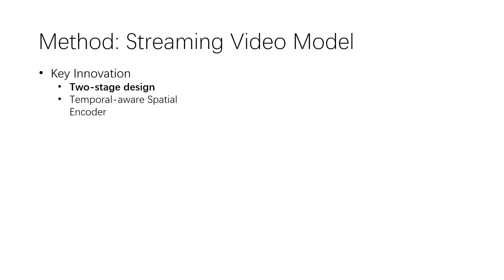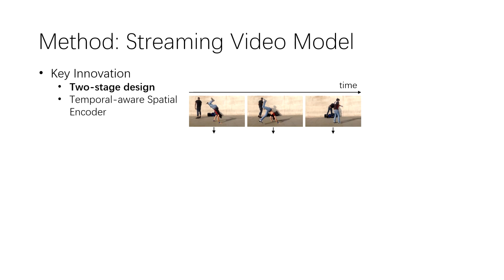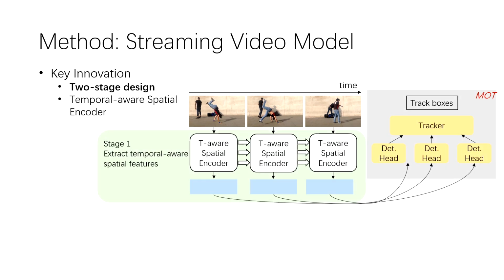The streaming video model employs two critical innovations to circumvent traditional model limitations. First, we have a two-stage design. The streaming video model accepts a video stream as input. This input format is reminiscent of a frame-based model, except here we maintain and utilize the temporal relations of adjacent frames. The initial stage emphasizes extracting detailed spatial features within each individual frame.